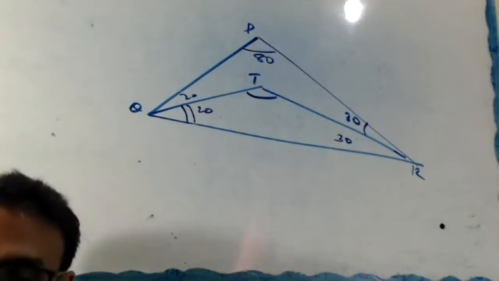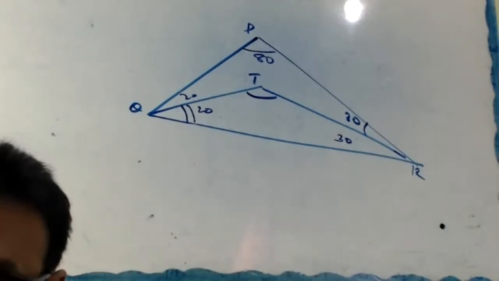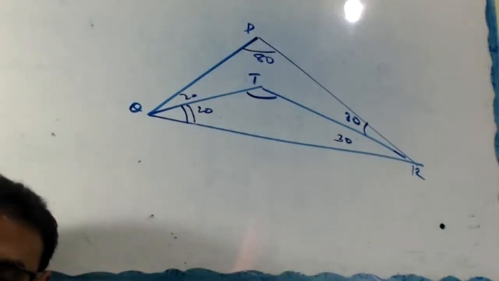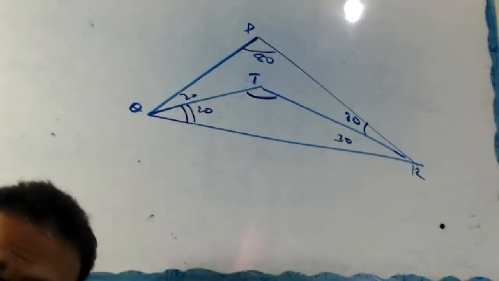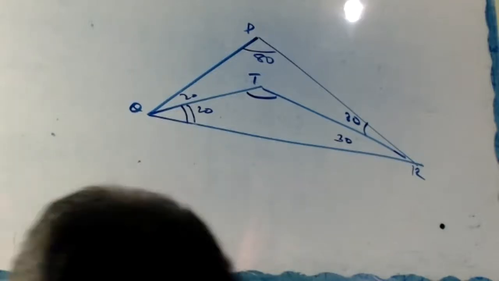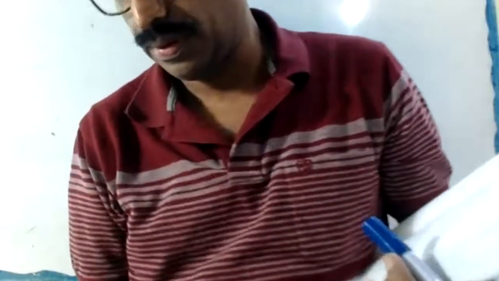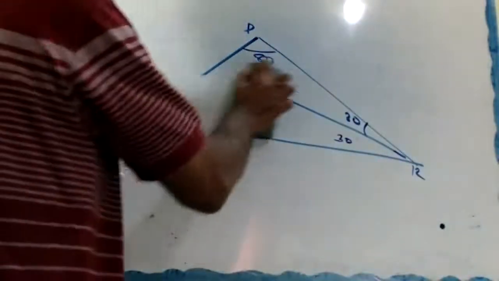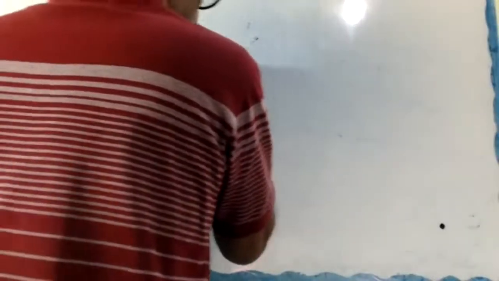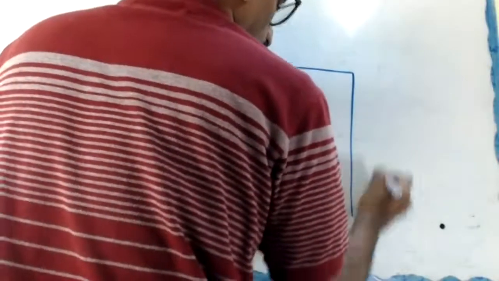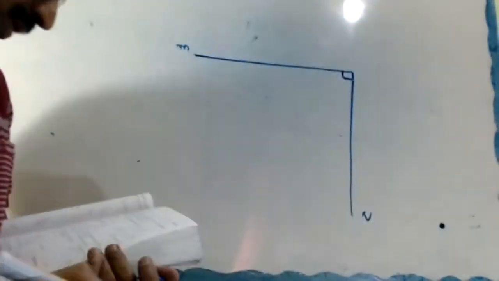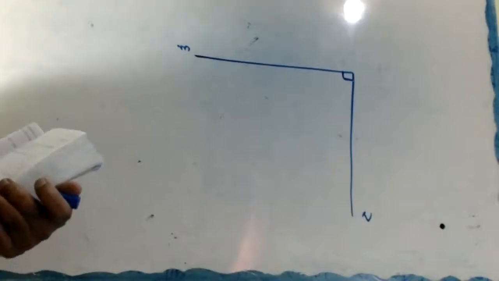Okay. So next question. Next one, star question. In figure, a similar one we did. So you try yourself. In figure, M and N are two plane mirrors perpendicular to each other.